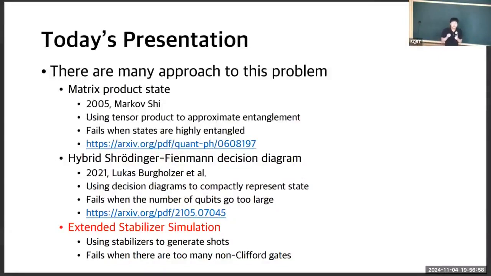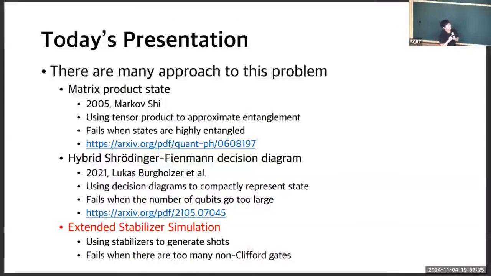Like we need to approximate the result because we cannot make it in time or space. Some approaches are matrix product states, which is the most popular one, and this is from 2005. If you are interested, you can check it on arXiv.